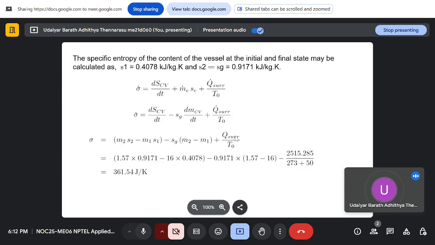So for the system the heat is gained, but the surrounding is losing heat. So there will be a negative sign here, so we should be careful there. And then T naught is your reservoir at 50 degrees Celsius, so 273 plus 50. So substituting all this, we will get entropy generated as 361.54 joule per Kelvin.